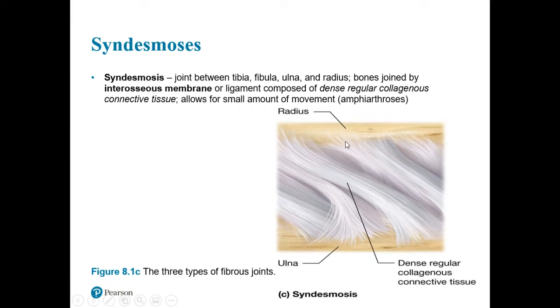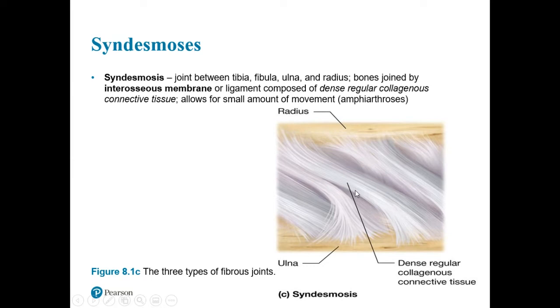The radius basically crosses over the ulna when you go from supination to pronation. I'll show you the example in a bit. The other place where this occurs is between the fibula and the tibia, which is the lower leg, if you will.